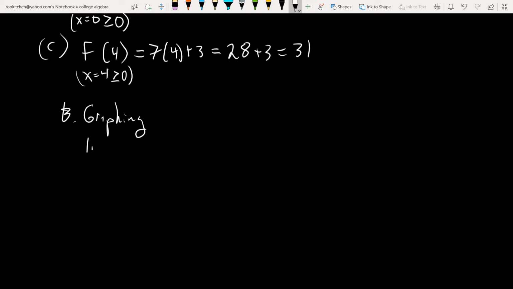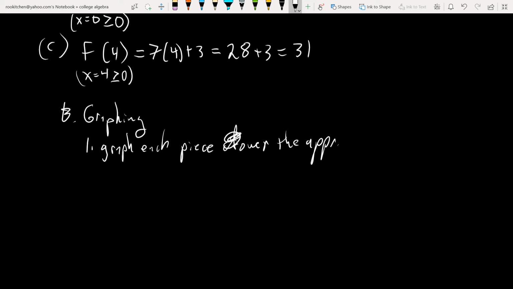It's not like you're graphing two things at once, right? Graph each piece over the appropriate interval. Okay, so let's look at an example.